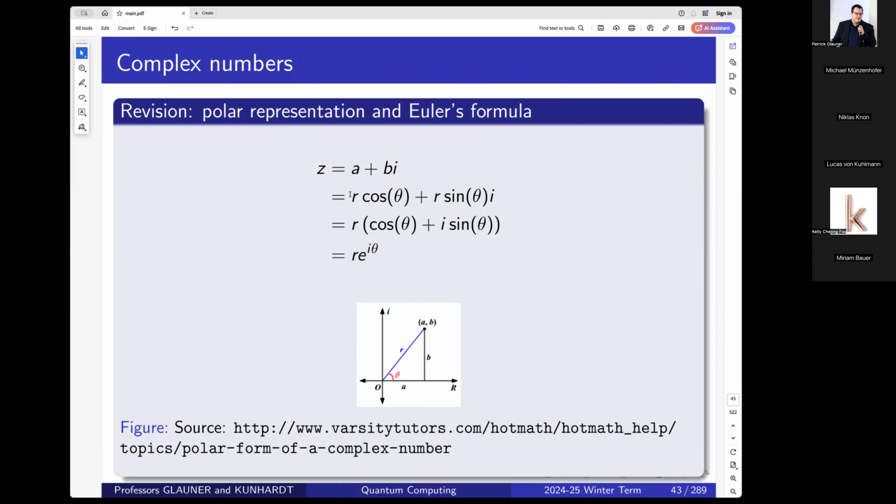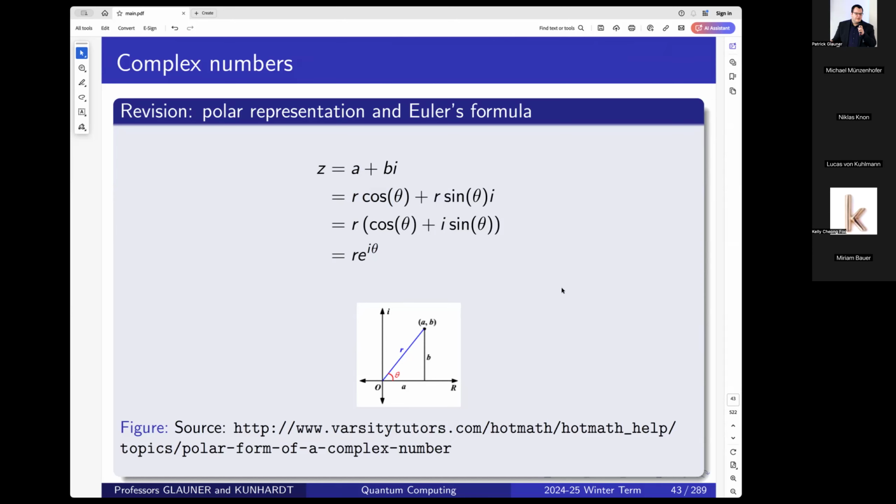We can say that this can be represented as r times cosine of theta, which is the a component. So that part here is r, the length of the vector, times cosine of theta. And the imaginary component is r times sine of theta.